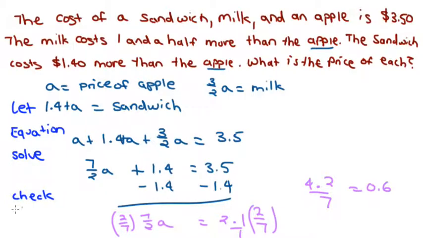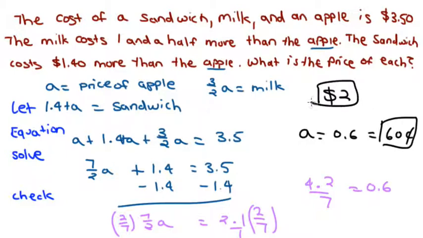So A is equal to 0.6, which is equal to 60 cents. So the cost of the apple is 60 cents. So the sandwich costs $1.40 more than the apple. So $1.40 plus 60 cents is $2 for sandwich.